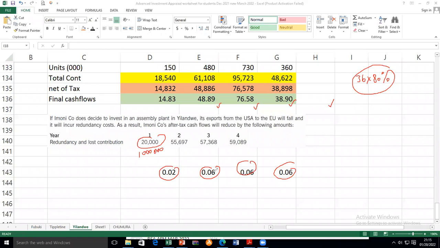We still include them to indicate that yes, there are some values that are negligible. But the principle is that there is a relevant cost in terms of the lost contributions.